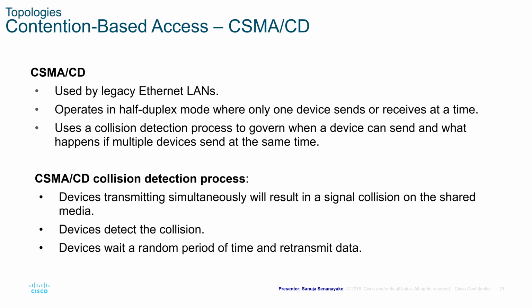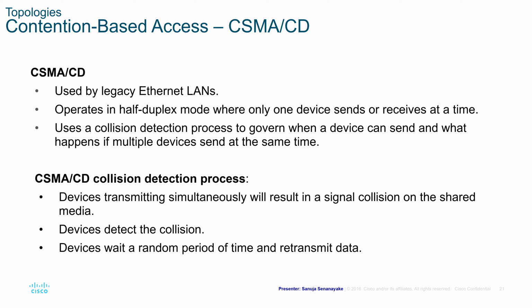CSMA/CD, used by legacy Ethernet LANs, operates in half duplex mode, where only one device sends or receives at a time, and uses a collision detection process to govern when a device can send and what happens if multiple devices send at the same time. In the CSMA/CD collision detection process, devices transmitting simultaneously will result in a signal collision on the shared media.